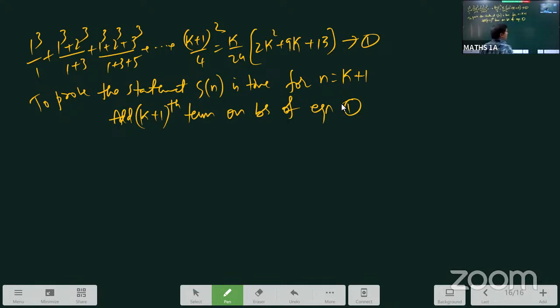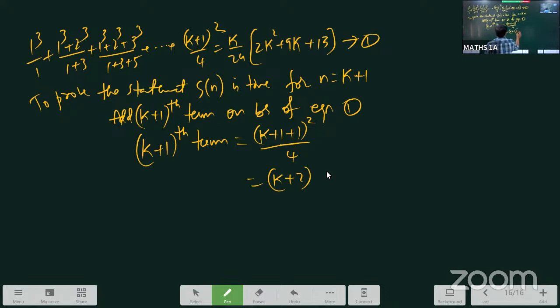For that, what should I find first? The k plus 1th term. Instead of n, you put k plus 1, so k plus 1 whole square by 4, which is k plus 2 whole square by 4. This we are going to add on both sides.